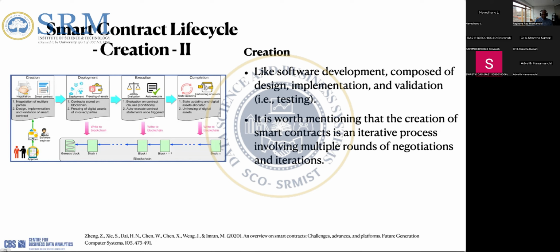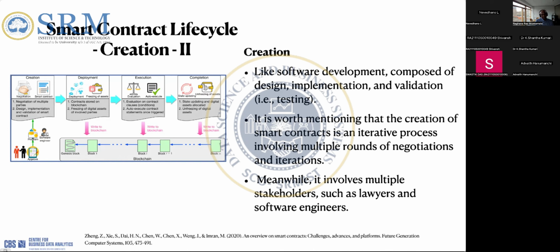Like any kind of software project lifecycle, you develop the code, iterate, test it, fix the bugs, deploy it again and test it. All these processes will happen. Meanwhile, it also involves a lot of stakeholders such as lawyers and software engineers.